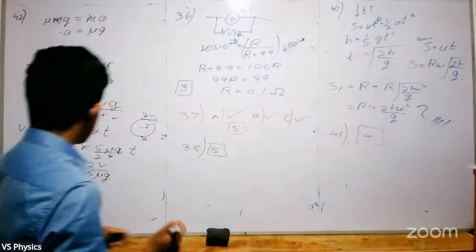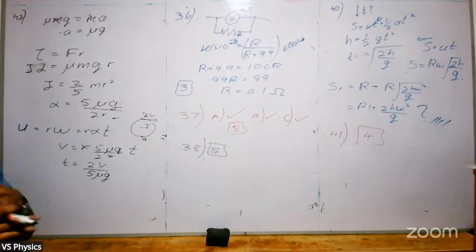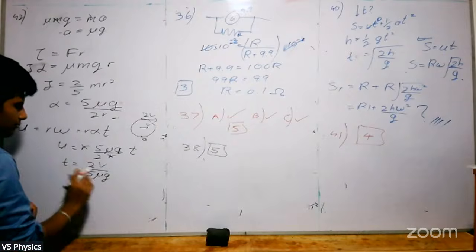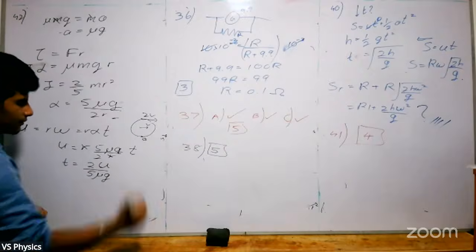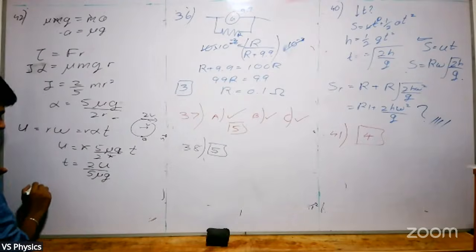Sorry, not my initial velocity, my final velocity. Because the initial motion is slipping, and the final motion is rolling. Now, from slipping to not slipping, v equals u plus at.